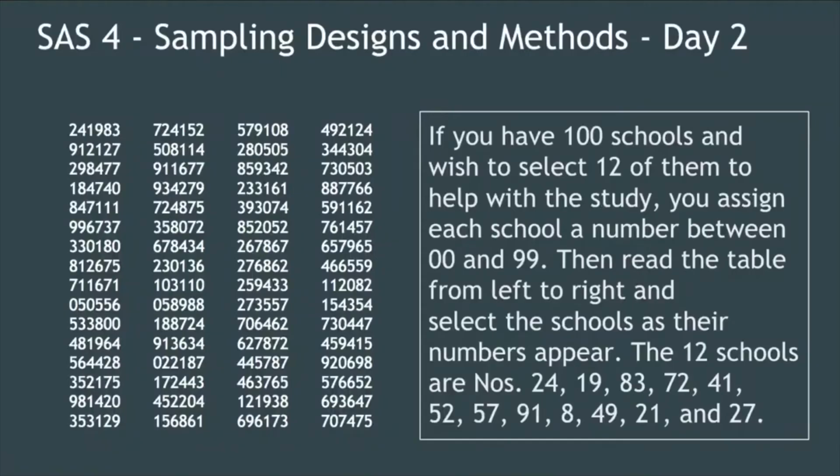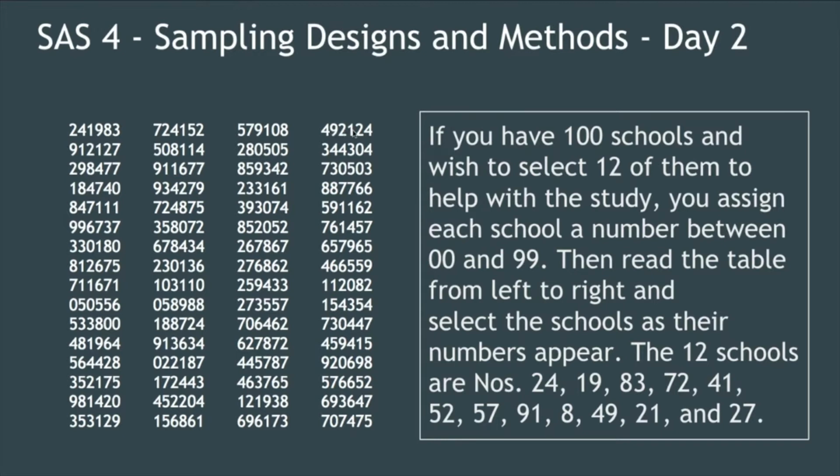Now, how do you use it? Let's see. If you have 100 schools and you wish to select 12 of them to help with a study, you assign each school a number between 00 and 99. Then read the table from left to right and select the schools as their numbers appear. The 12 schools are 24, 19, 83, 72, 41, 52, that's 6 schools, 57, 91, 8, 49, 21.